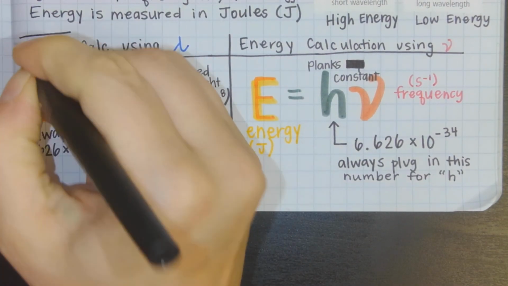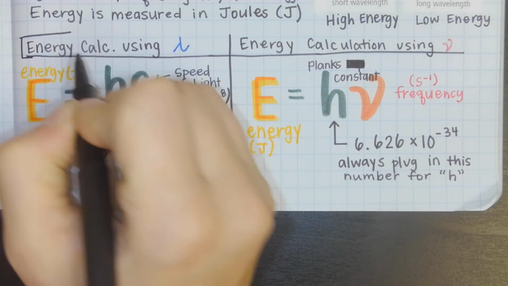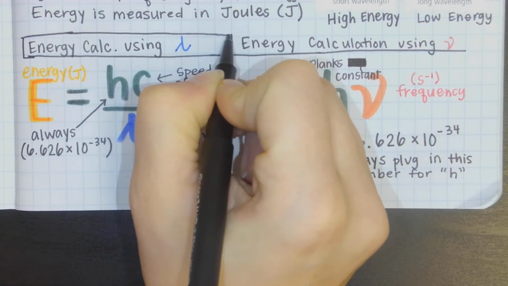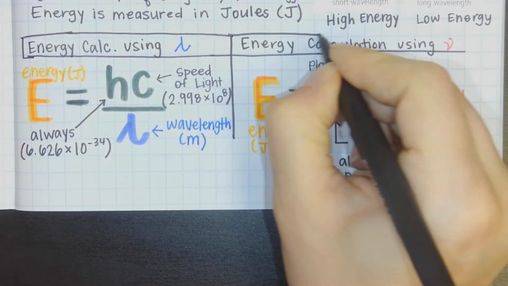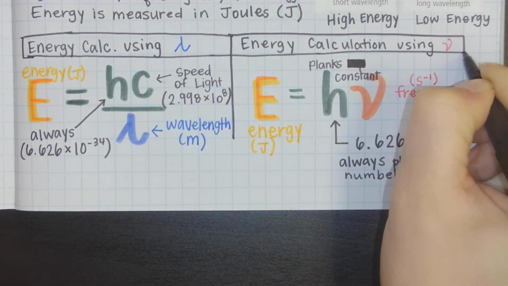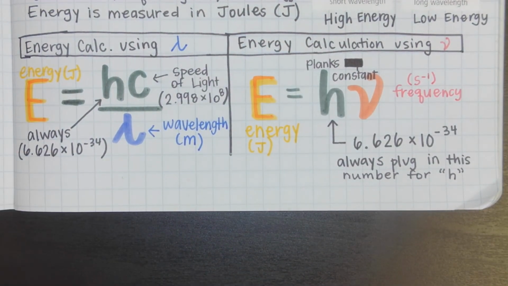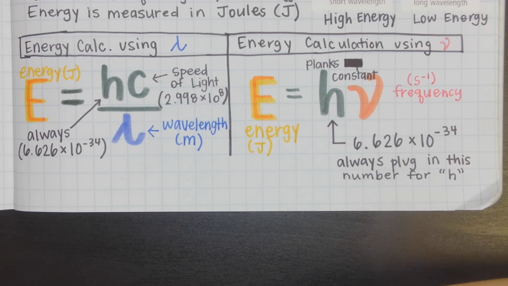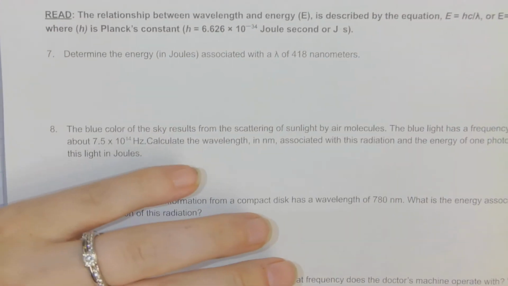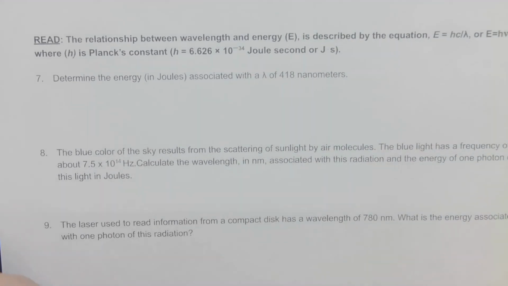So when a problem says calculate the energy, you have two choices. You can use the first equation, you can use the second equation, and mostly whichever one you choose depends on your personal preference. Like when we do the homework problems, I'll give you examples of which equation I would choose and why. But here's an example.